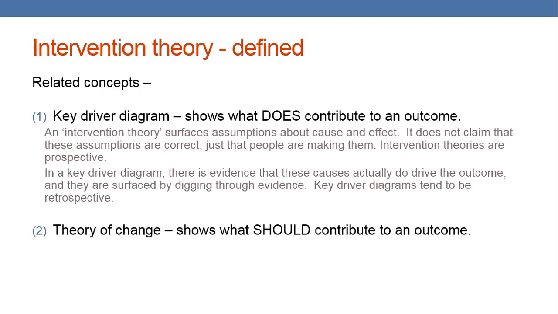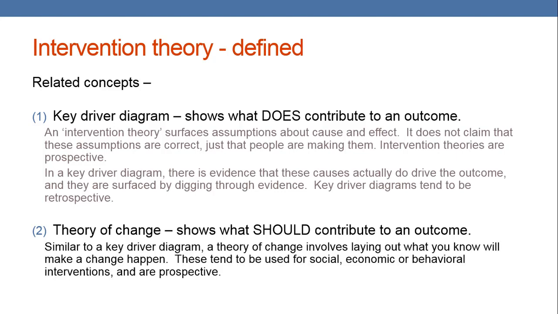The other concept that intervention theory is closely related to is the notion of a theory of change. And this really is a concept that focuses on what should contribute to an outcome as opposed to what does contribute to an outcome or what could contribute to an outcome in the case of intervention theory. Similar to the key driver diagram, theory of change involves laying out what you know will make a change happen.